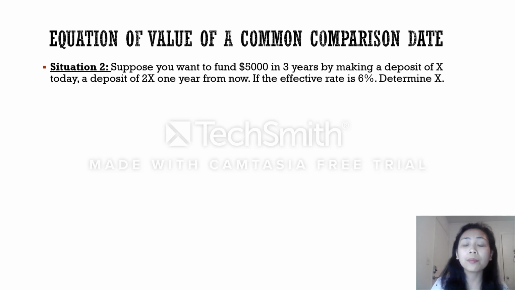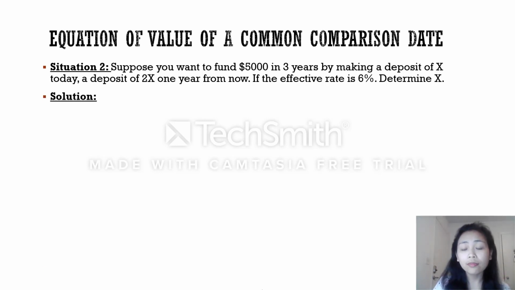Today you make a deposit of x. Then a year later you make a deposit of double what you deposited today. If we assume that the effective rate is 6%, how much should we deposit today and how much should we deposit a year later?